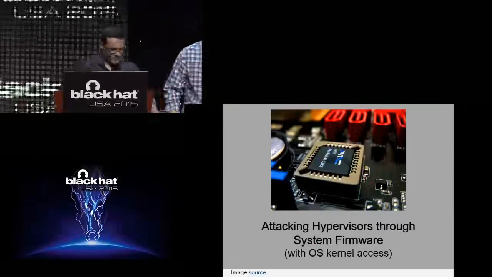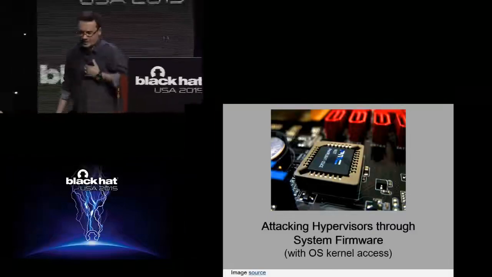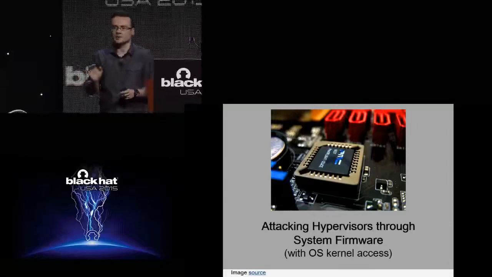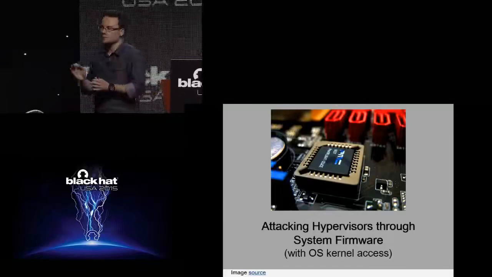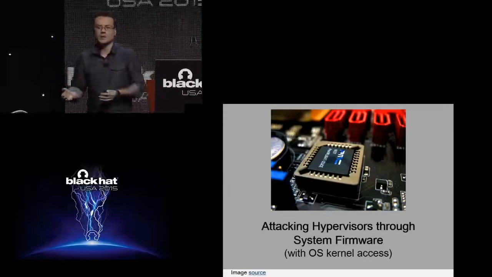That's awesome. Hello, can you hear me? Okay. So this puts in perspective the amount of vectors the hypervisors have, and the vectors through the emulated devices are relatively well understood and familiar.